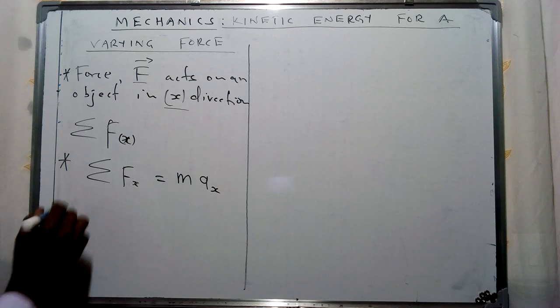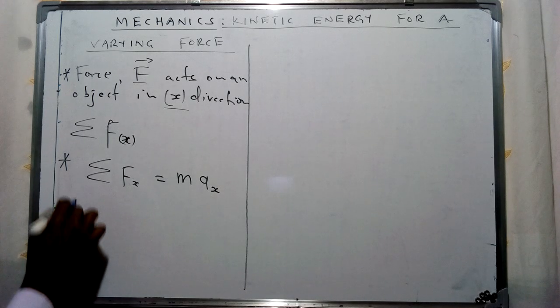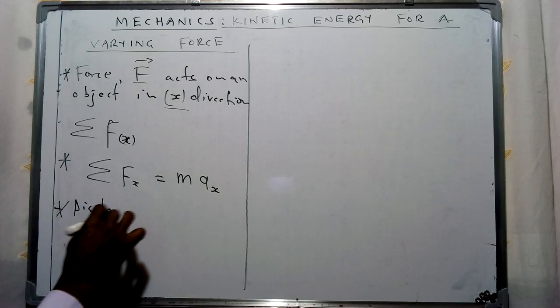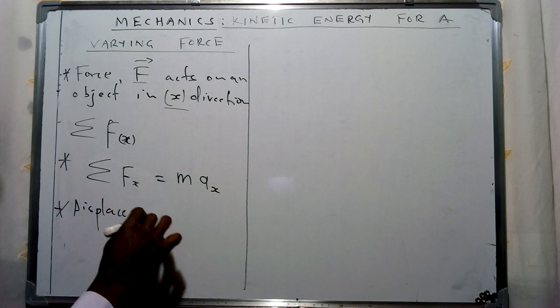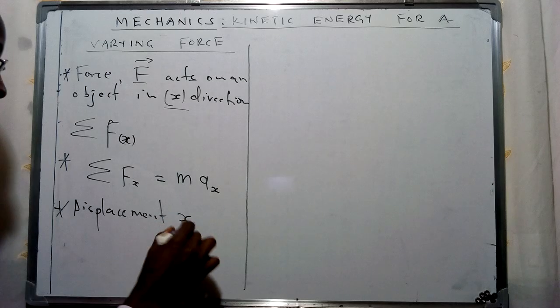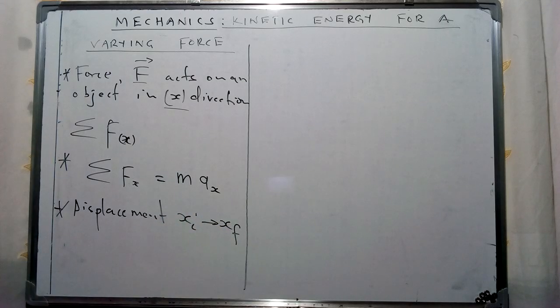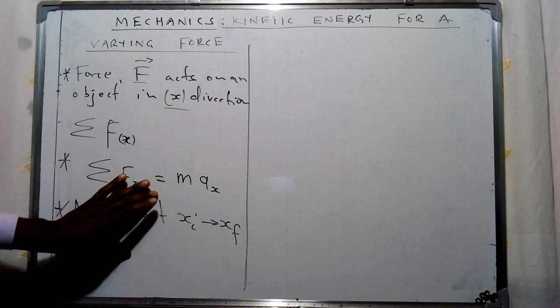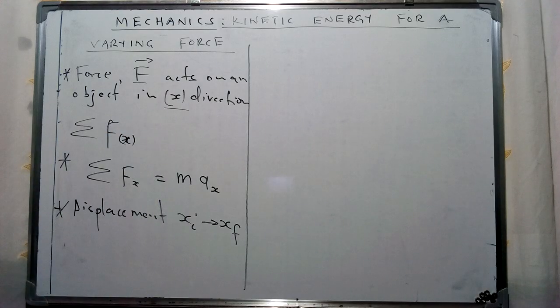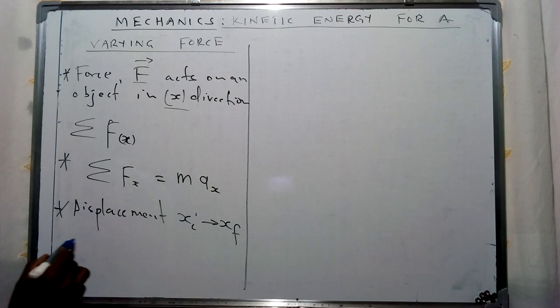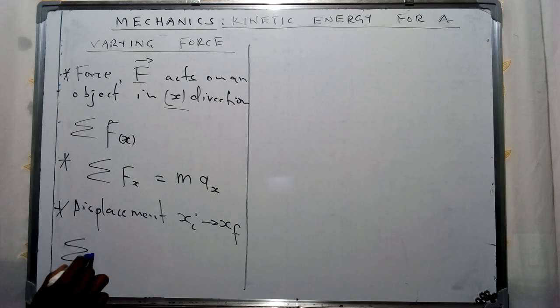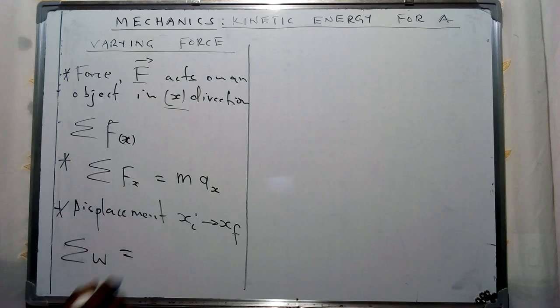Now, suppose we consider the distance of motion or the displacement of the object from the initial position x initial to x final. Then we can represent this motion of the particle in terms of the work done in moving this particle from the initial to the final position, or the total work done in trying to move this object.